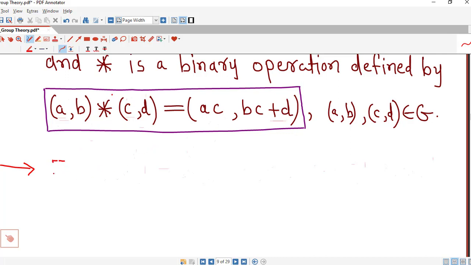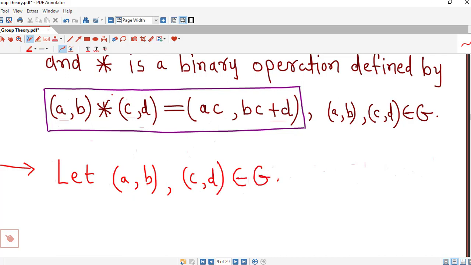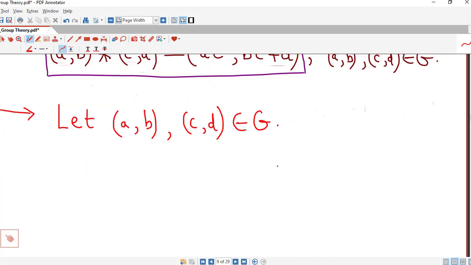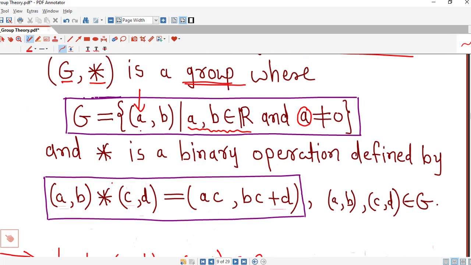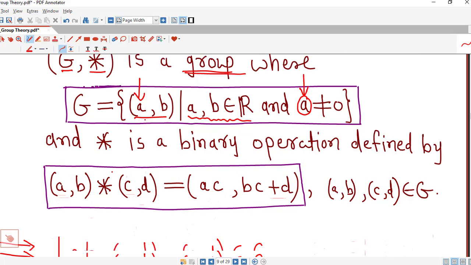For that we start by taking any two elements in G. We take arbitrary elements in G. Let (a, b) and (c, d) be two elements in G. Now the elements of G are ordered pairs (a, b) such that a and b are real numbers and the first component is non-zero.